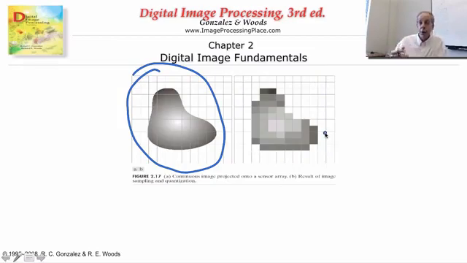The whole idea of good digital cameras is to have a dense enough sampling here and a very, very fine level of quantization so we don't notice that everything is discrete, but it is discrete.